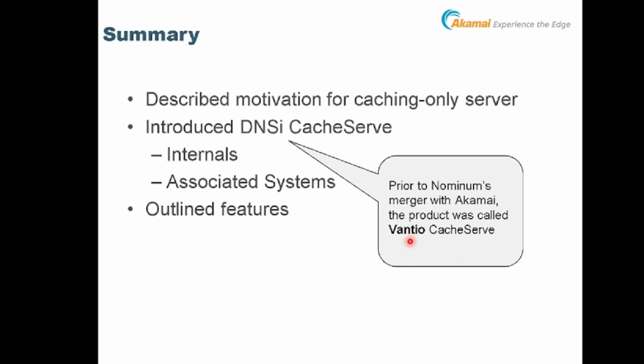So that was the single-threaded version of CacheServe, was Vantio. And for a while we kept the name Vantio when the new multi-threaded CacheServe 7 was introduced. That product was called Vantio CacheServe in the Nominum days up until 2017 or 18. Now Akamai calls it DNSi CacheServe. So you may see this word Vantio hanging around in some places.